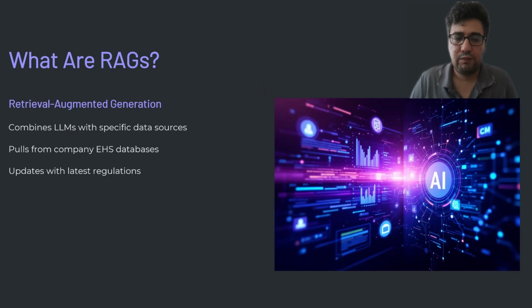So what are RAGs? RAGs come as an add-on to the LLMs, and RAG stands for Retrieval Augmented Generation. As the name implies, it will get data from specific sources that you upload. These sources will be converted from text, images, whatever, to numbers that the LLM can understand, and we call this process embedding.